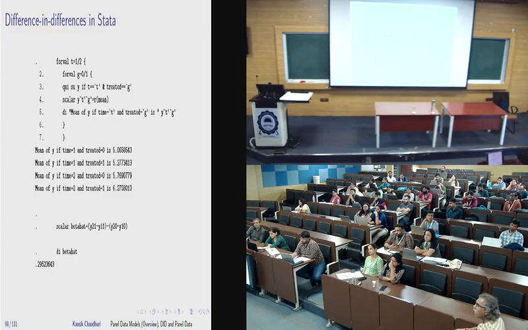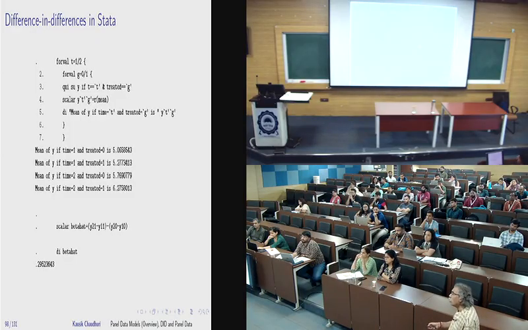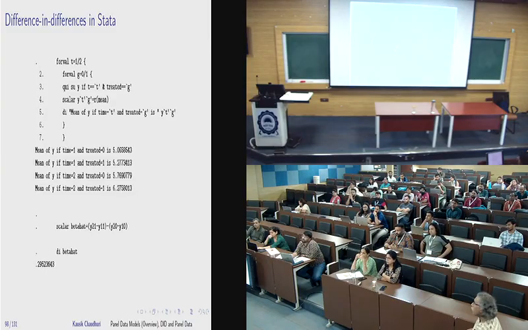So all I try to get is mean of y if time is equal to 1, treated is equal to 0. Mean of y, time is equal to 1, treated is equal to 1. Then time 2, treated 0, and then time 2, treated 1.